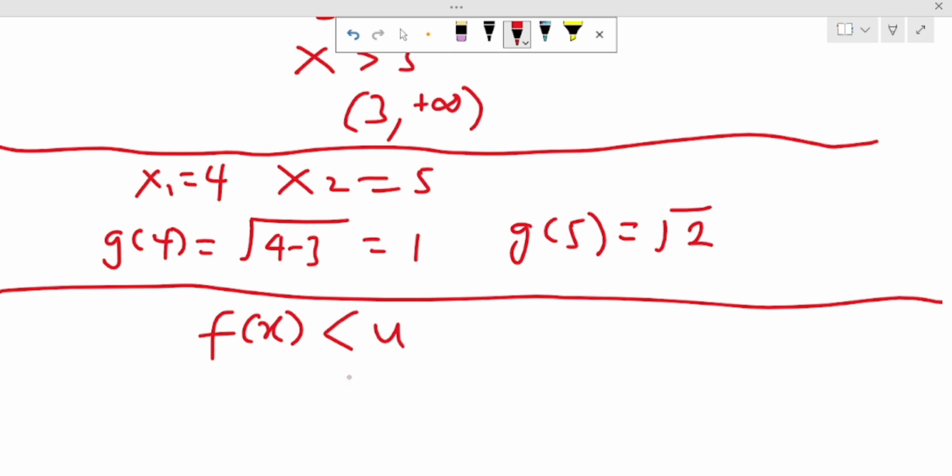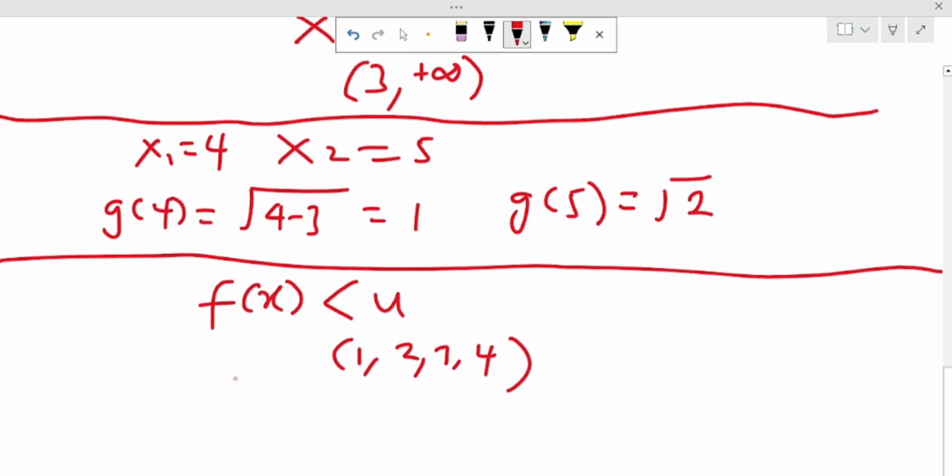So let's say I have the domain of a function f of x as 1, 2, 3, 4. Let's use this domain. And I evaluate the function at, let's say, 4, and I get 5.